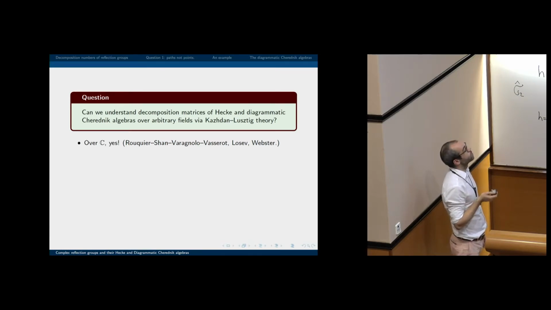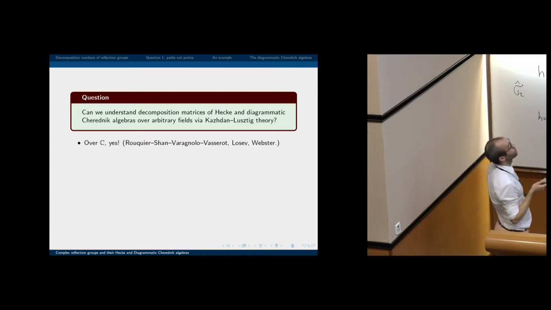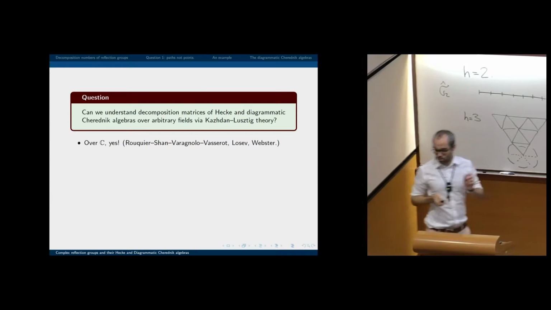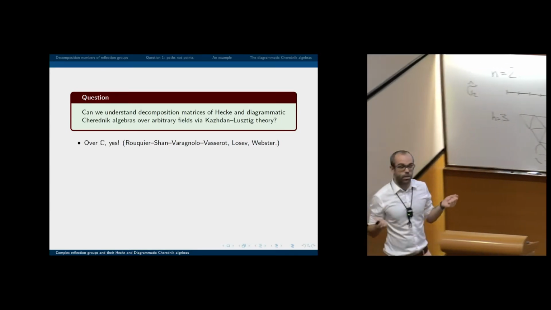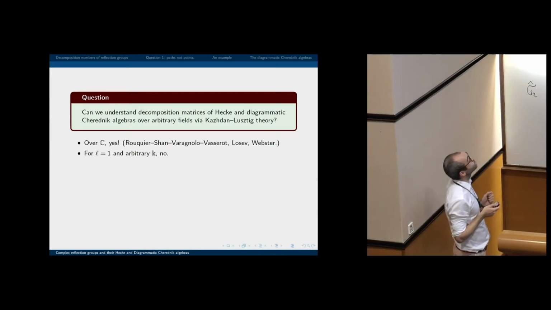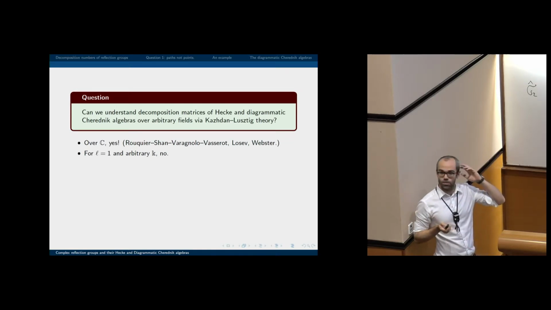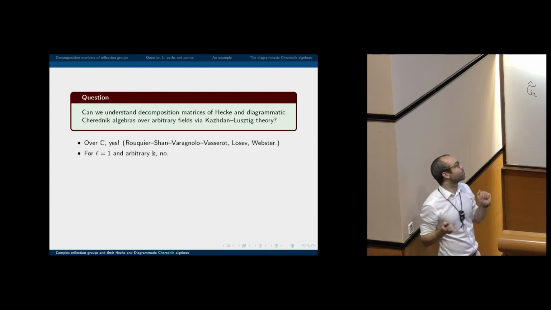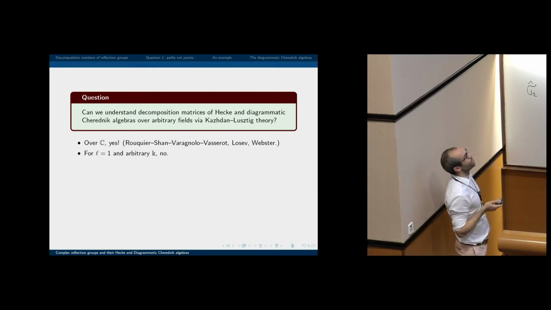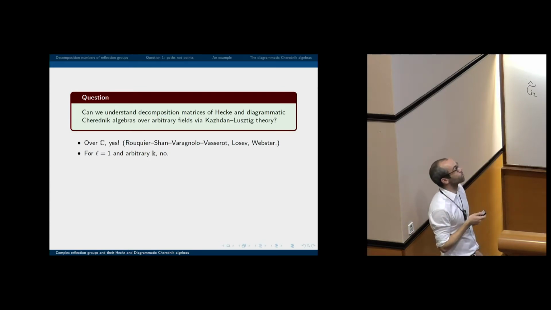So over the complex numbers, Hecke algebras and these cellular structures that I just mentioned, they're all controlled by a Kazhdan-Lusztig theory of sorts. For L is 1 and K is arbitrary, no. So Geordie proved that we can't do this. So you can't use Kazhdan-Lusztig theory, you need to use something more complicated, the p-canonical basis.